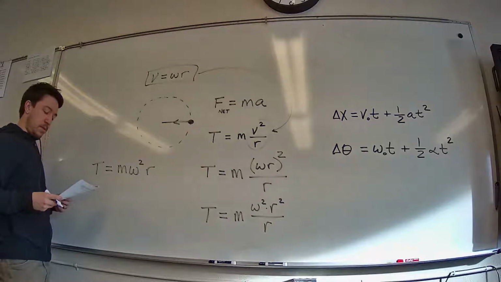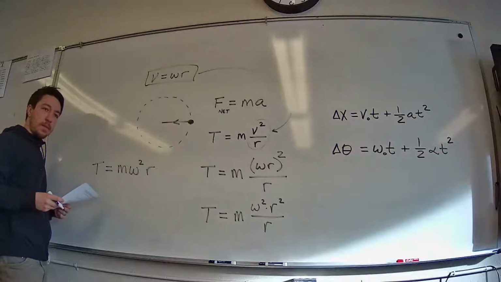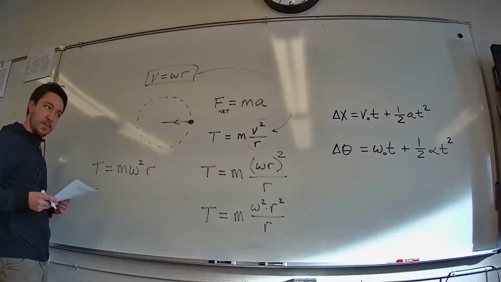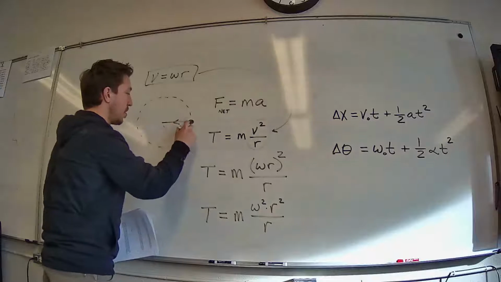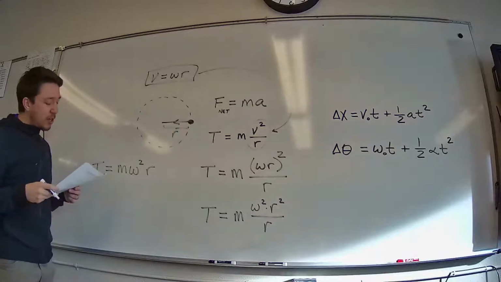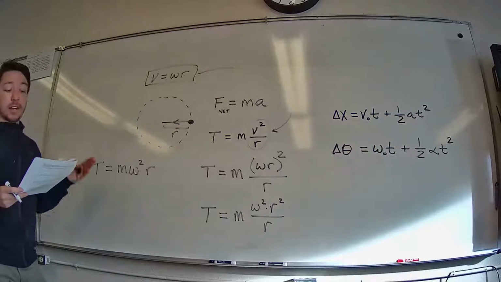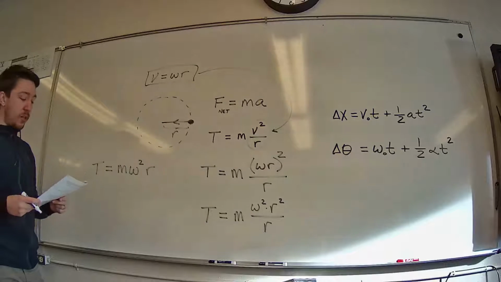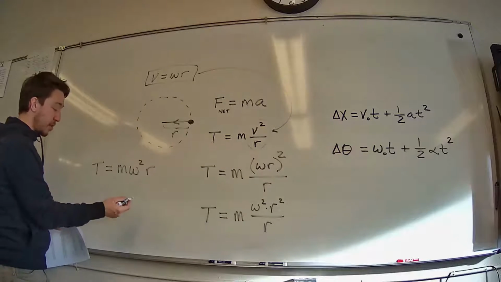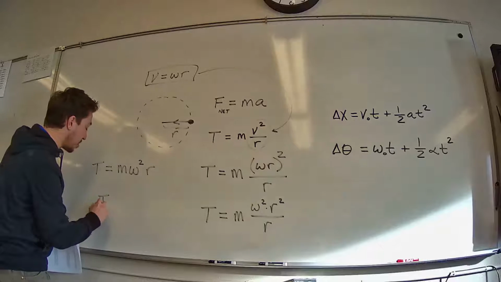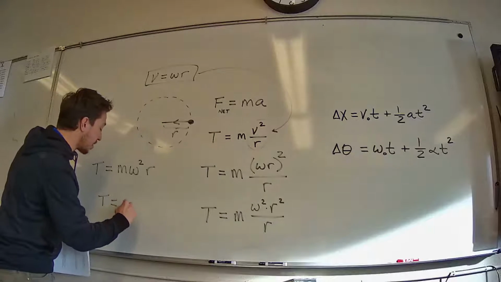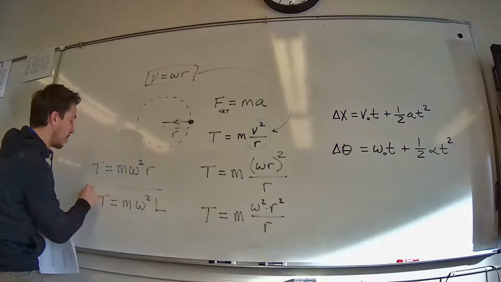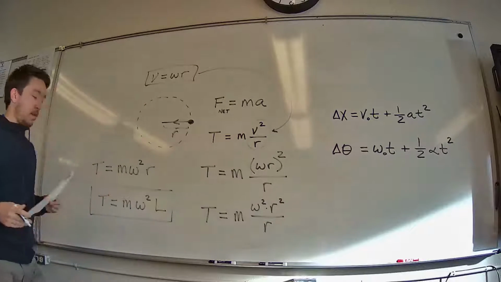And then remember what Mr. Actually would say. This problem said the rope, there's no R in here. We all know what we're talking about, but actually, we should use L. The answer to this question really should be the tension is the mass times omega squared times the length of the rope. And there you go.